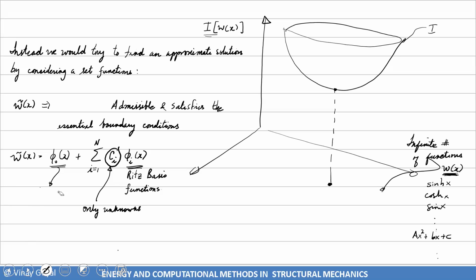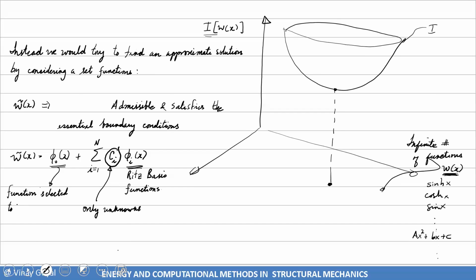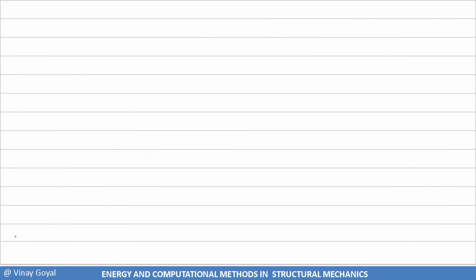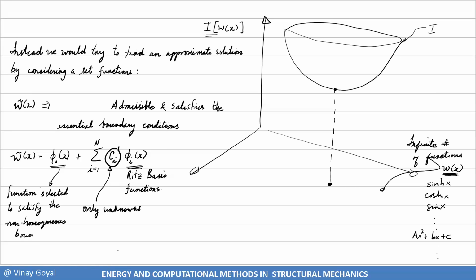So let me just say function selected to satisfy the non-homogeneous essential boundary conditions.